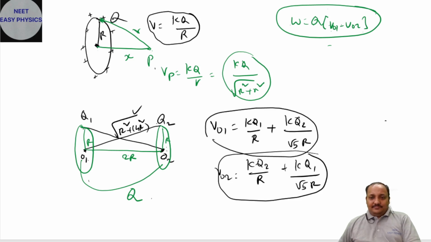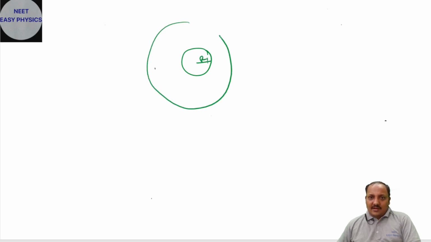Next one. So next one, two hollow conducting spheres of radius R1 and R2. So one is R1, another one is going to be R2. And they have given charge capital Q on the outer sphere.